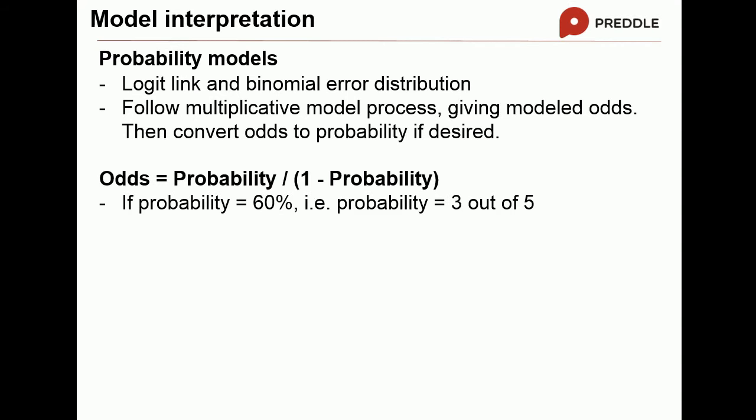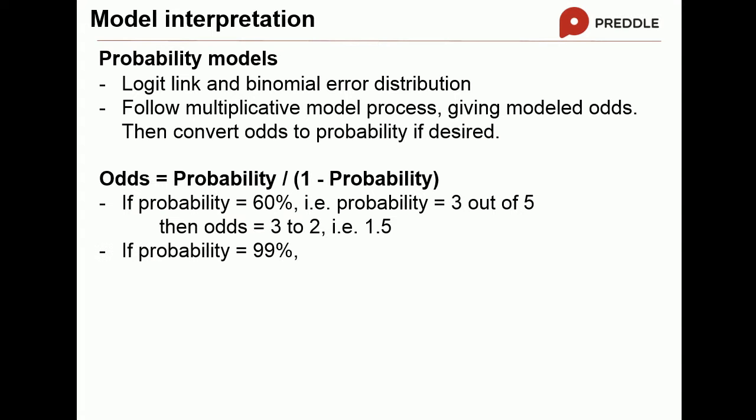So if someone has a 60% chance of having depression, then this means there is a 3 in 5 chance of them having it and a 2 in 5 chance of them not having it. So out of 5 such people, 3 will have it and 2 won't. The odds of someone having it then is 3 to 2, not 3 to 5. This is the difference between odds and probability.